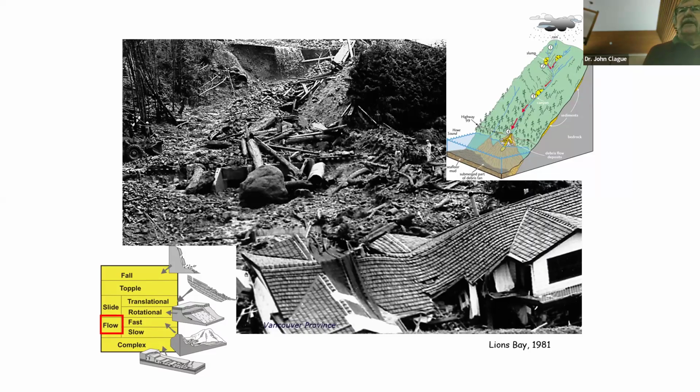But early on in the years of the Sea to Sky Highway, there were a couple of very disastrous debris flows around Lions Bay, one at Charles Creek and another right in the community of Lions Bay. So these were in the 1980s. And they kind of led to a better understanding of the phenomenon. These aren't floods.